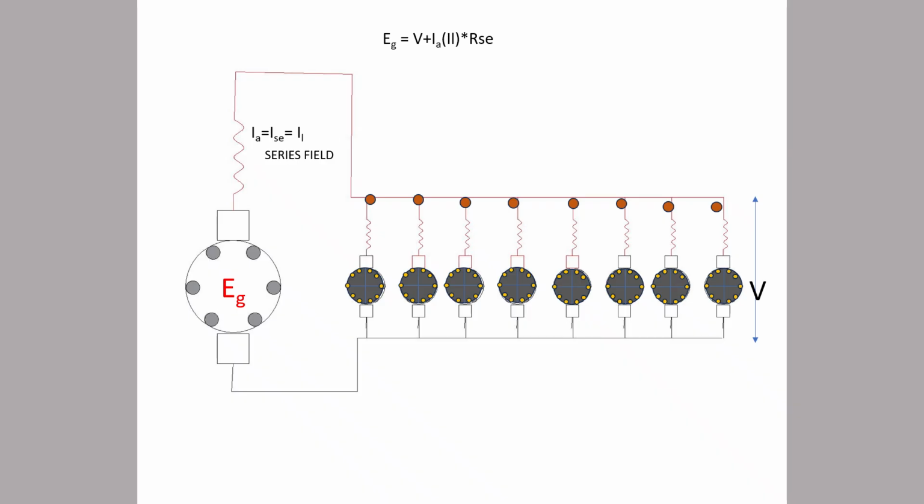So it will reduce that pulse and we will get smooth DC. And when this DC passes through the DC series motor, the motor will rotate and the locomotive will run.